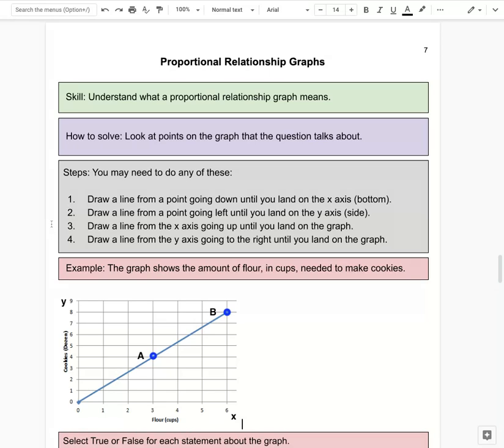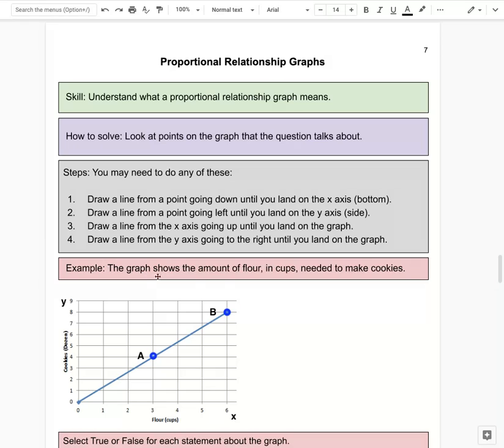Step 3, you may need to draw a line from the x-axis going up until you land on the graph. Or step 4, draw a line from the y-axis going to the right until you land on the graph. So let's look at an example because these are a lot of possible steps.